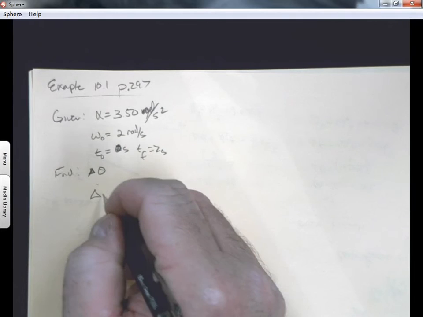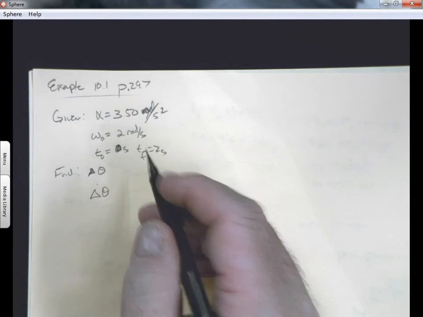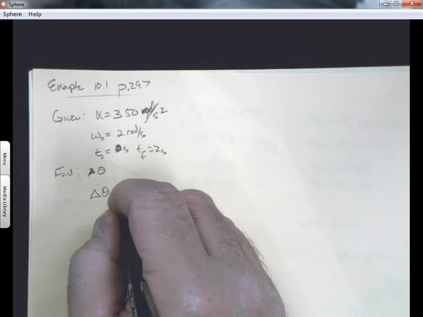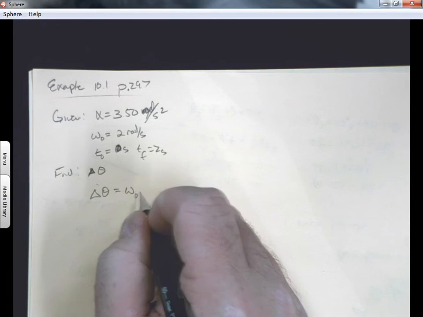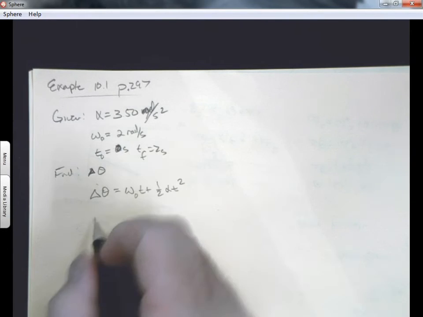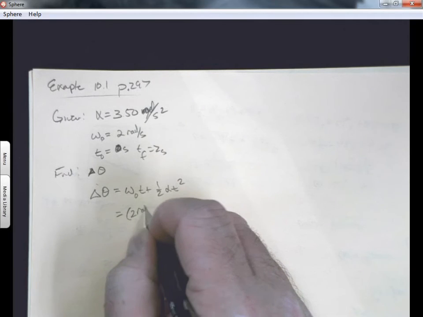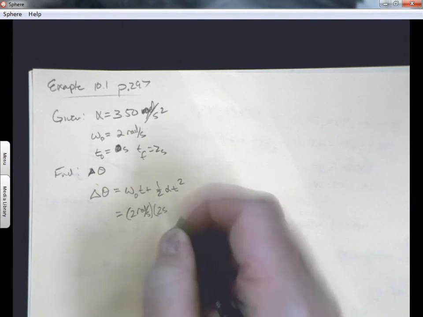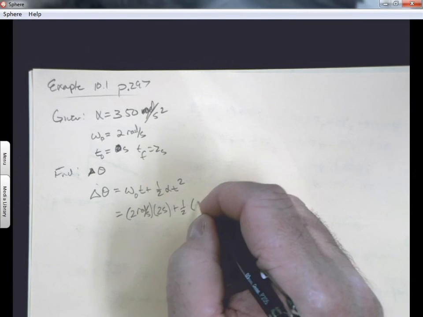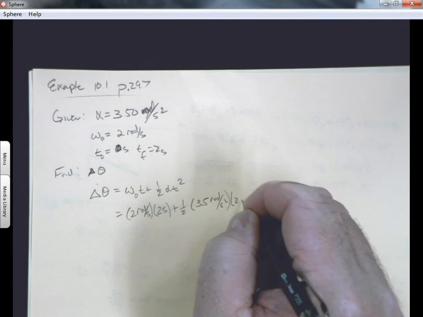Well, what do we have? We've got time, initial velocity, and acceleration, so we're going to use our third kinematic equation. Delta theta equals omega naught t plus 1/2 alpha t squared, which winds up being 2 radians per second times 2 seconds plus 1/2 of 3.5 radians per second squared times 2 seconds squared.